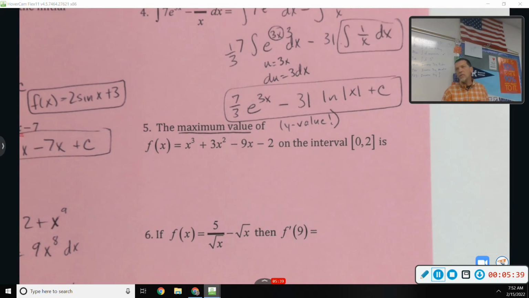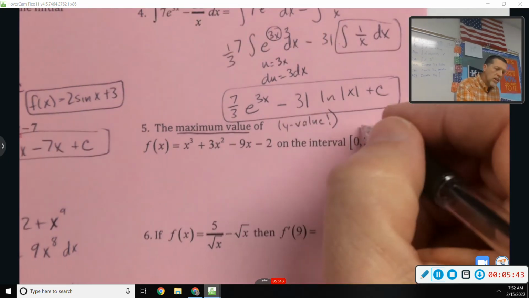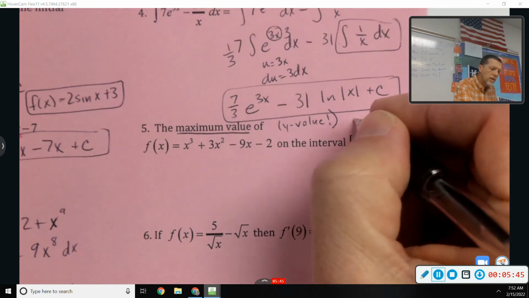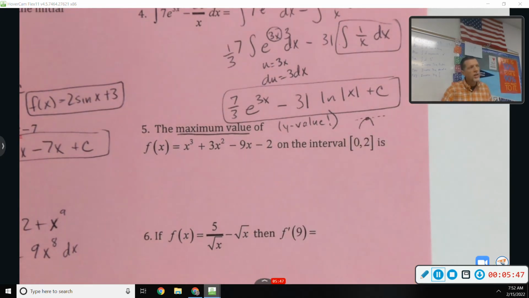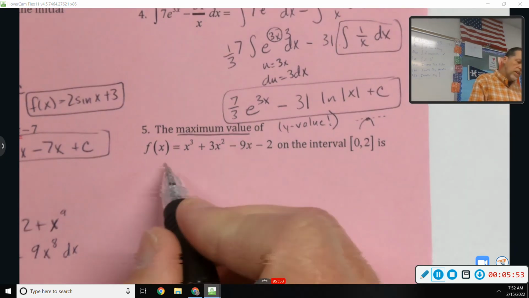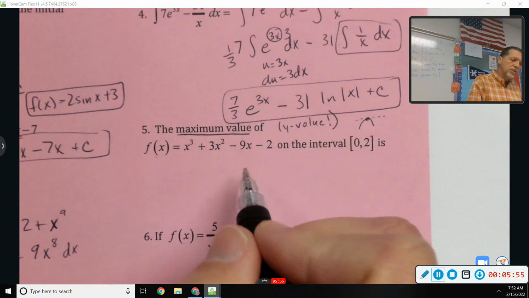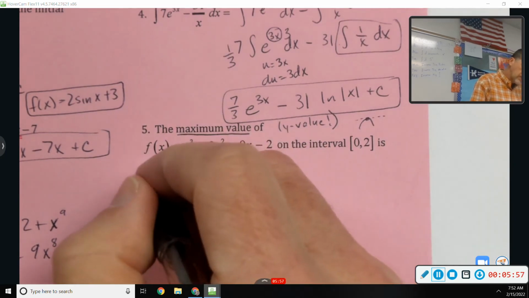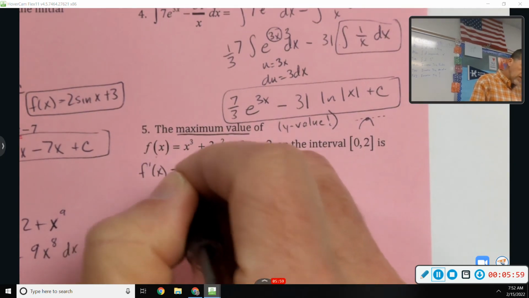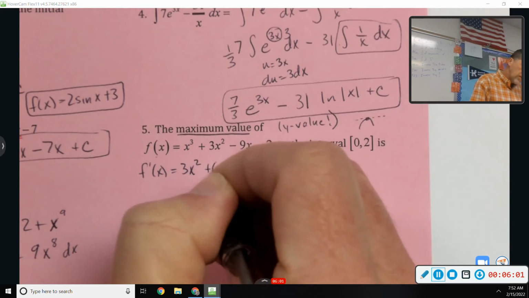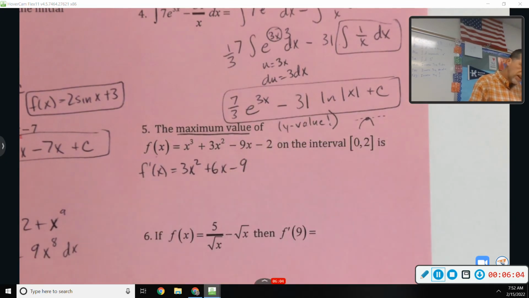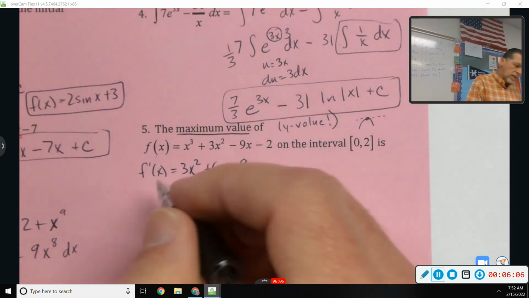Number 5, maximum value. So a maximum happens at the top. That would be where the slope is 0 at the top. So let's find where the derivative equals 0 and kind of go from there. So 3x squared plus 6x minus 9. That will factor.